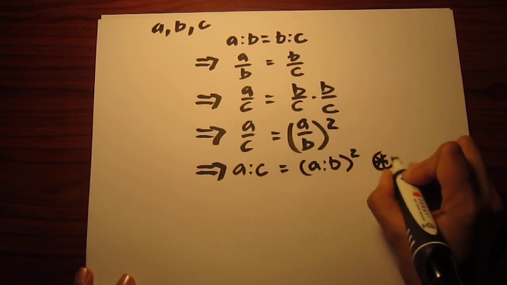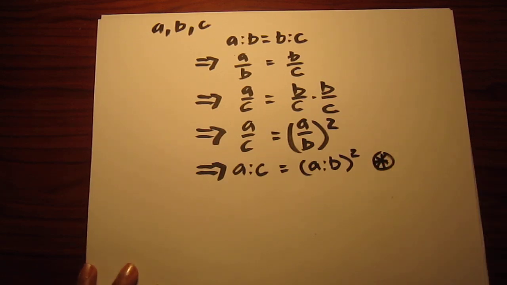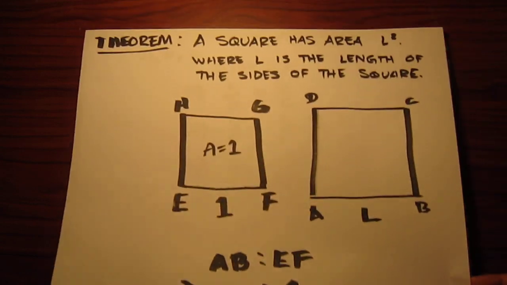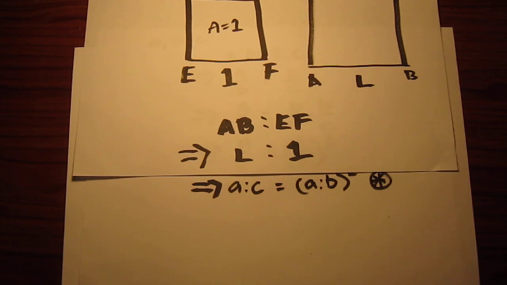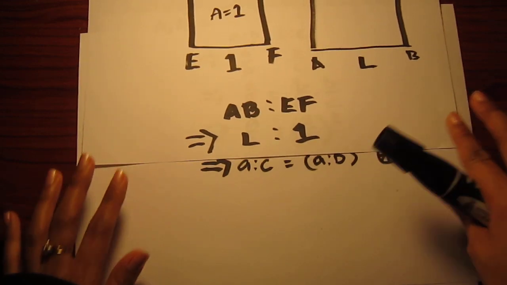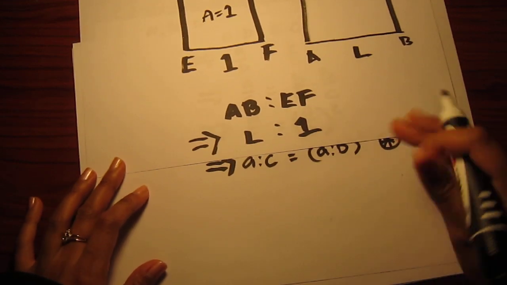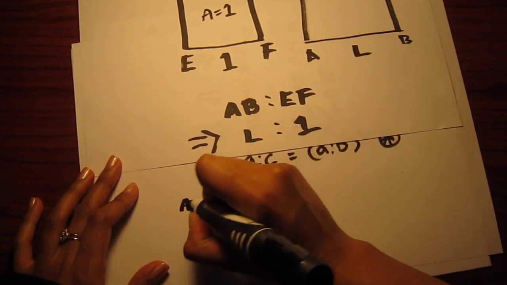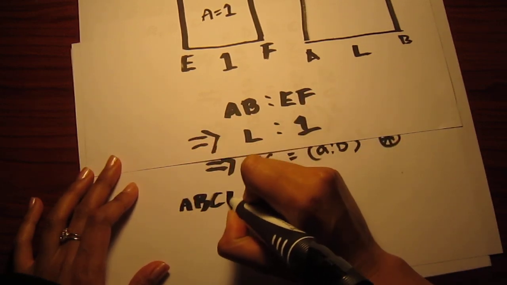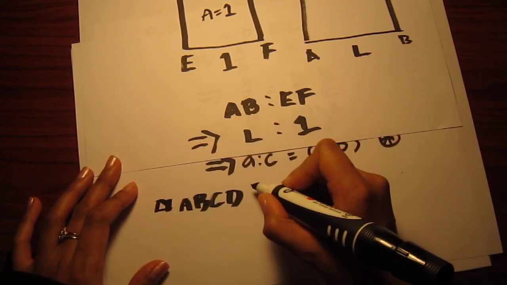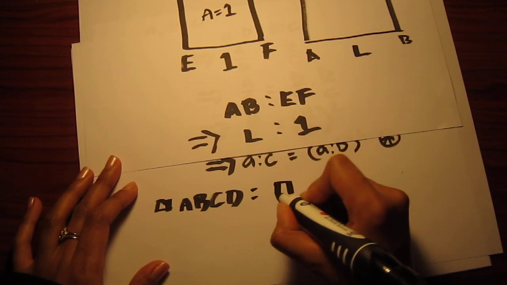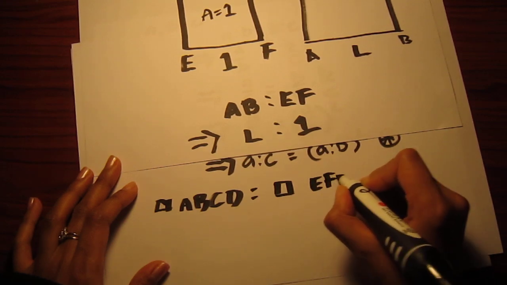Okay, now we keep this formula in mind, and then we go back to our ratio here. From here, we could set up this ratio stating the square ABCD has a ratio to the square EFGH.